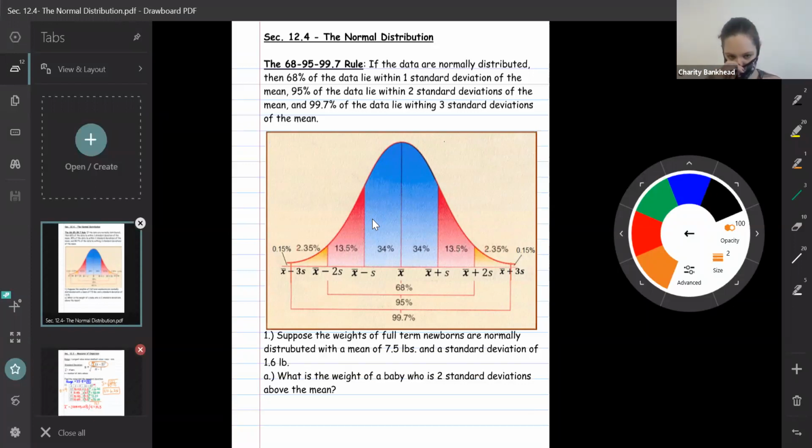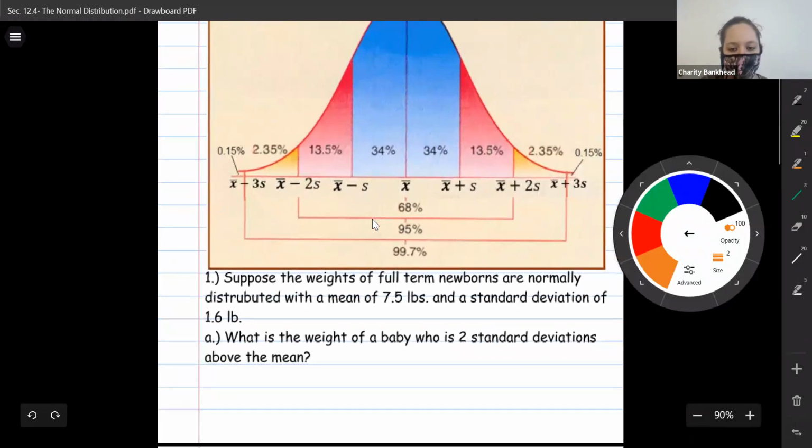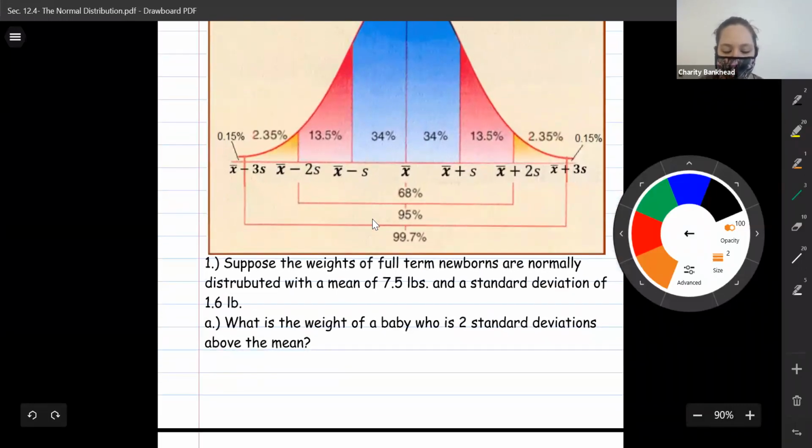Okay, so for example, suppose that the weights of full-term newborns are normally distributed with a mean of 7.5 pounds and a standard deviation of 1.6. All right, so the mean, that's your X bar, is 7.5, and your standard deviation is 1.6.